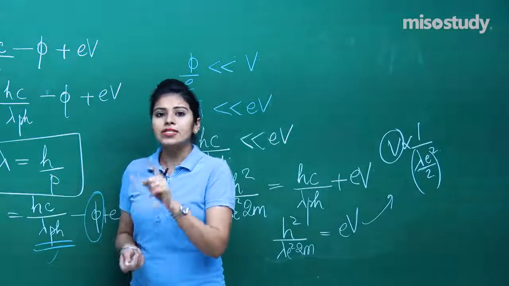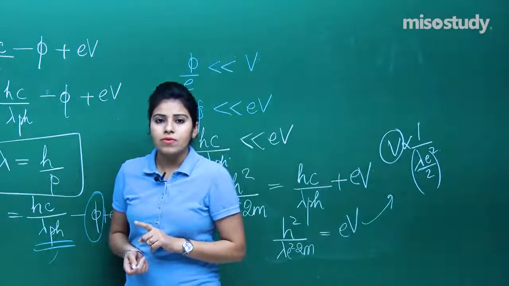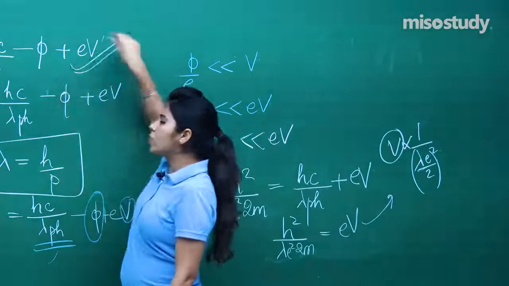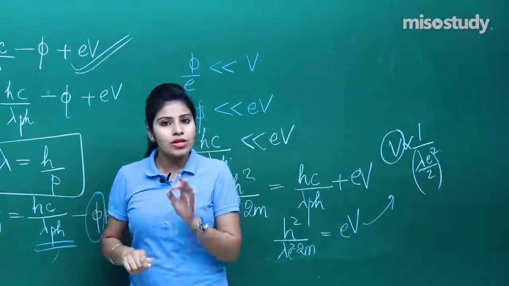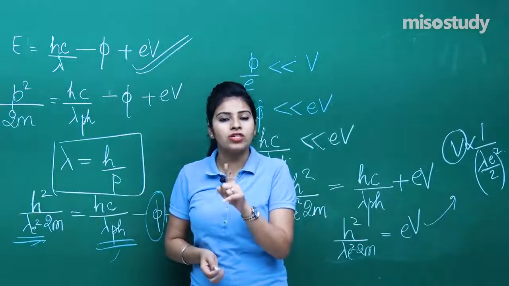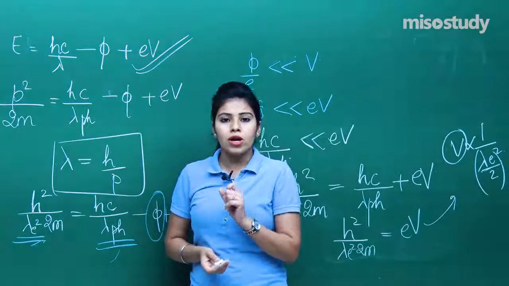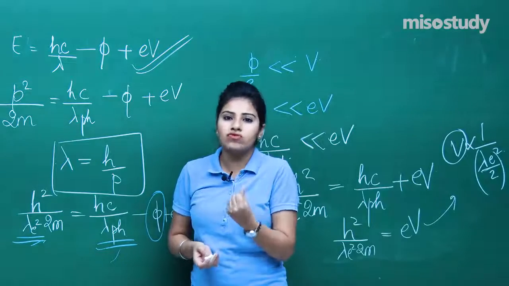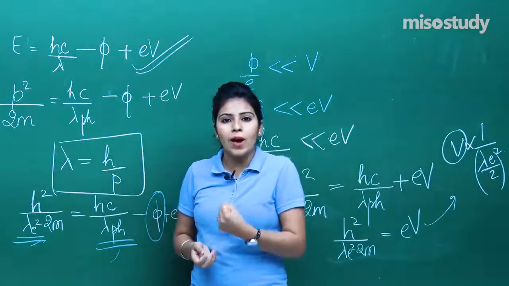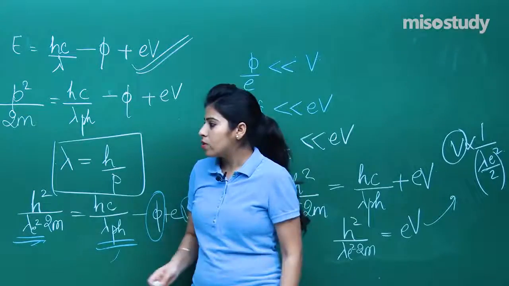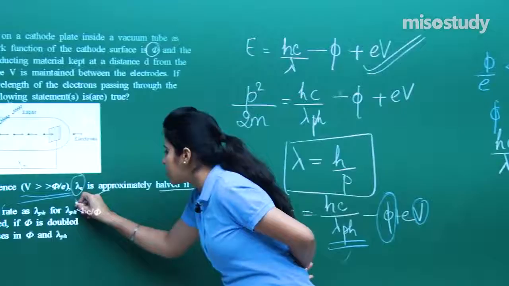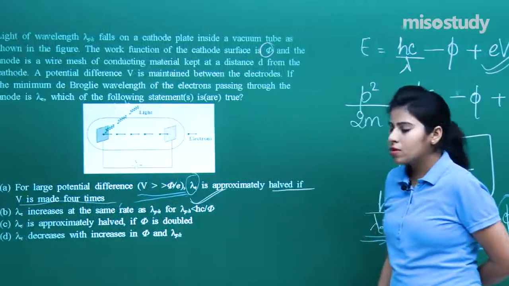This chapter is a very scoring one, because you are just focused on this one particular equation. But if you handle this question at JEE Advanced level, you are going to face a little bit tricky questions. So you have to secure yourself by learning more and more. Now we can see this option is correct.